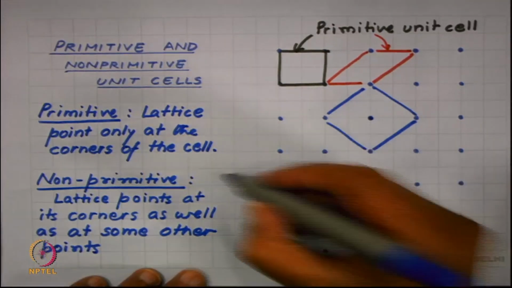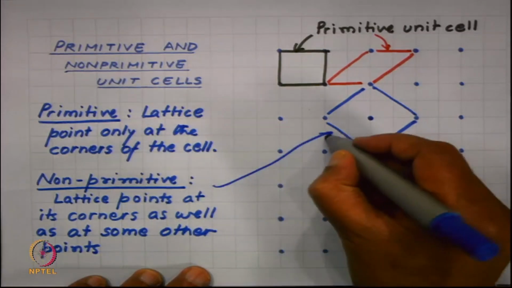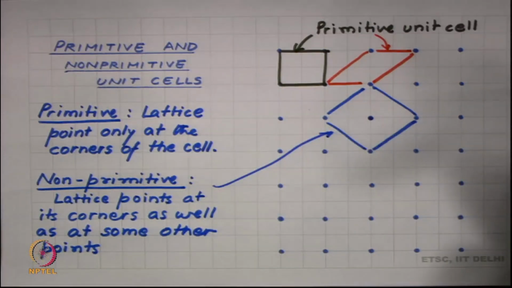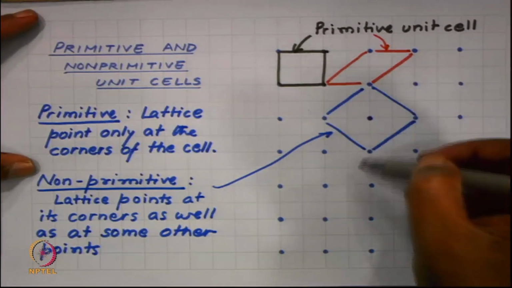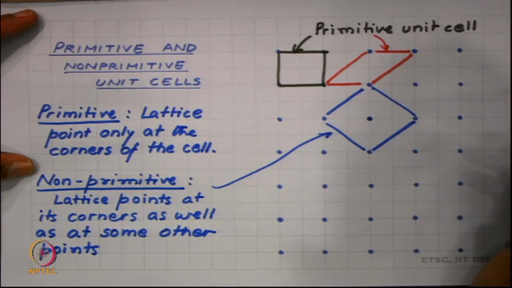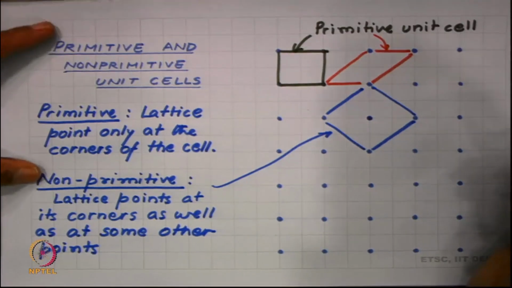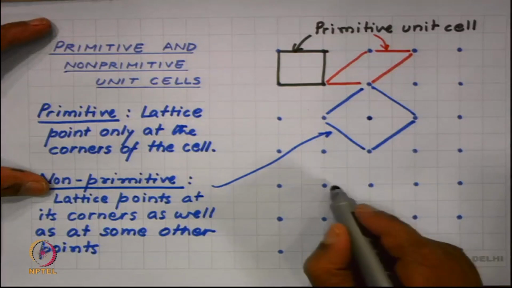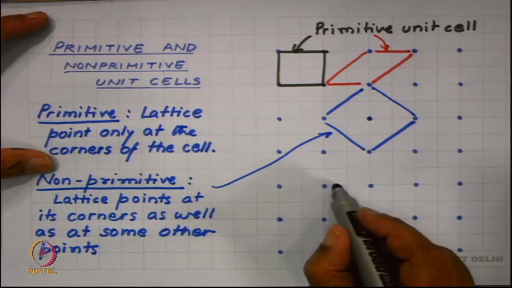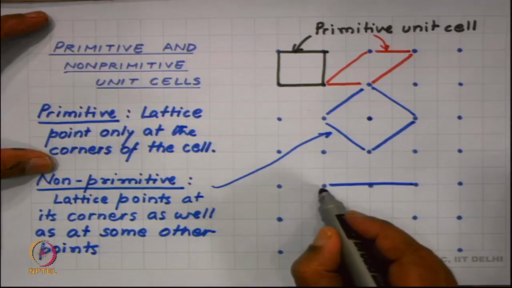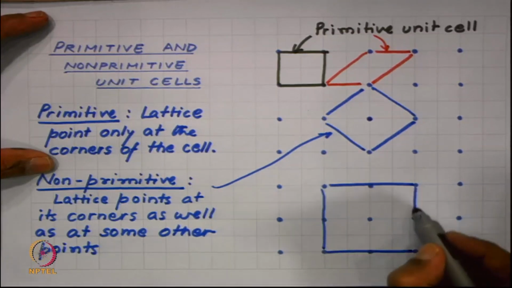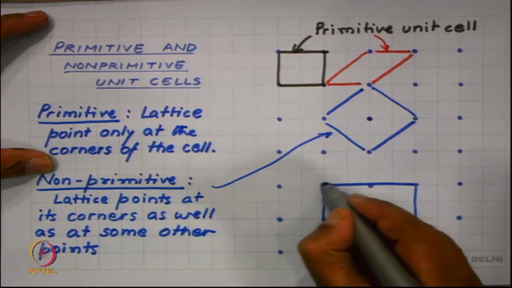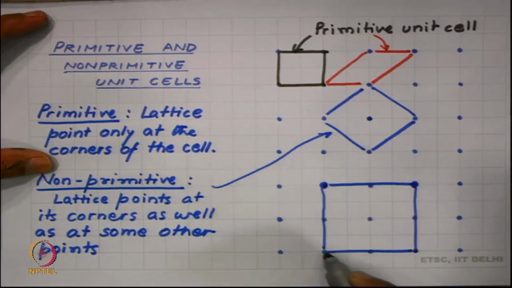So, this will be an example of a non-primitive unit cell, and you can have many different primitive unit cells, you can have many different non-primitive unit cells as well. So, for example, if I choose a still larger square, let us say like this, this also is a parallelogram with lattice points at its corners.